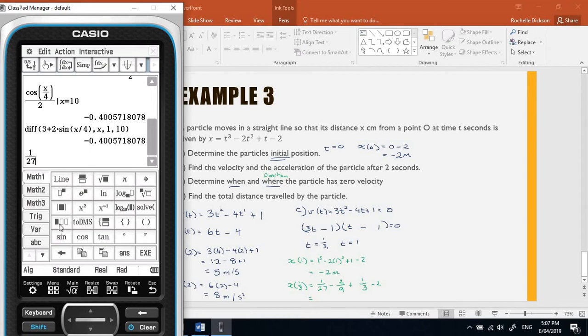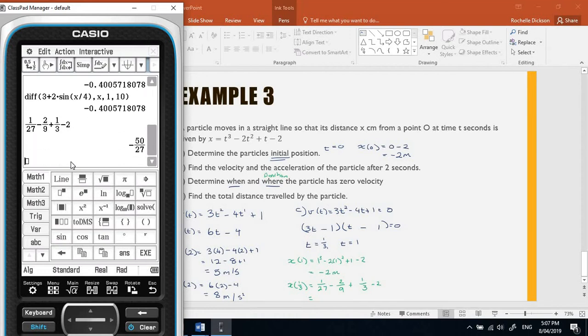But for today, let's just pop it in here. So we've got 2 over 9 plus 1 over 3 minus 2 gives us negative 50 over 27. Okay, so we've got an answer here of negative 50 over 27.